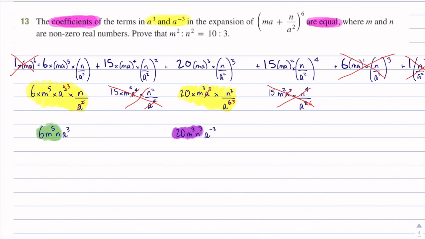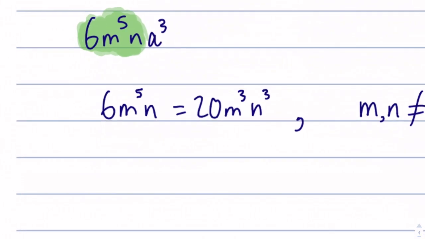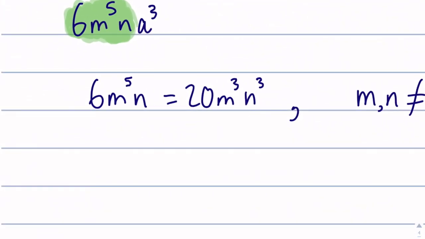So we know 6m to the 5n is equal to 20 m to the 3, n to the 3. And we know m and n are not 0. Okay, I'm going to just get all my m's on one side and my n's on the other. So I'm going to do that by dividing by n.